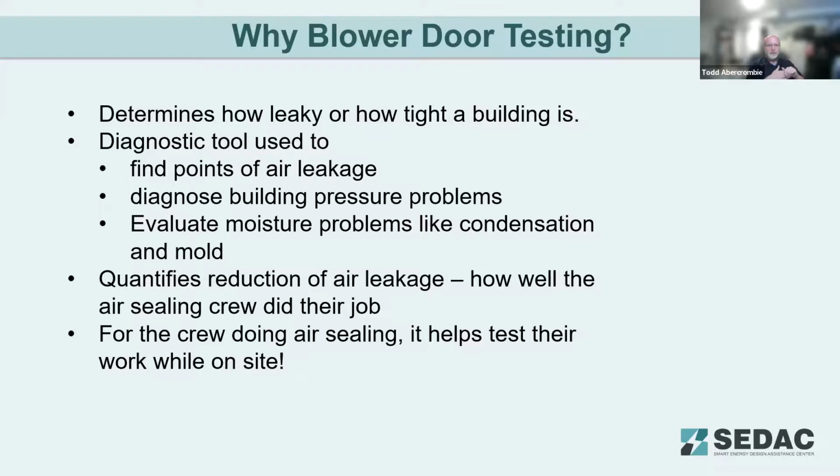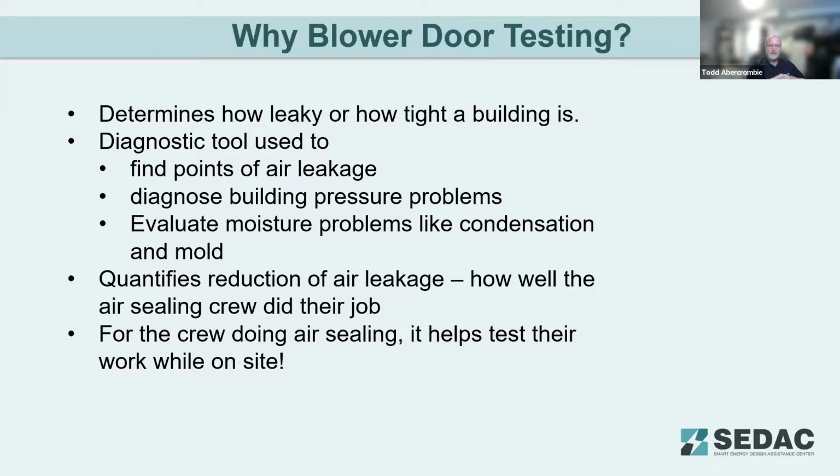But the blower door test, of course, gives us that big leakage rate for the building, but it's also a diagnostic tool. While the test is running on the residential side at 50 pascals, that's equivalent to a 20-mile-an-hour wind on all sides of the building at once. So you can quite literally walk the building and feel air coming in at different leakage points. It may be around doors or windows, could be through a recessed light fixture, it could be around an attic access point.